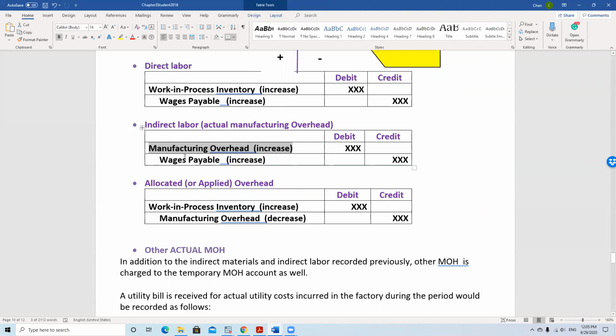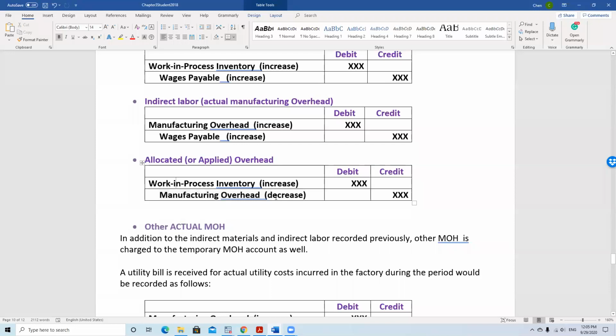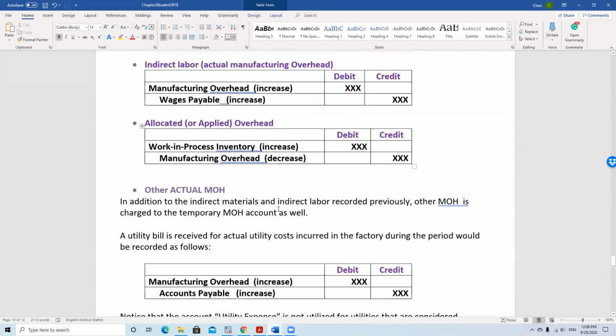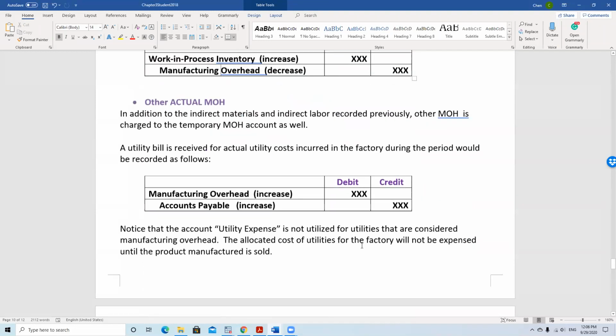And then at the end, we're going to allocate this manufacturing overhead to our work in progress. It makes sense because when we record our job cost, we will record an allocated manufacturing overhead, okay? And then other actual MOH. So whenever MOH happens, we do a debit of MOH.